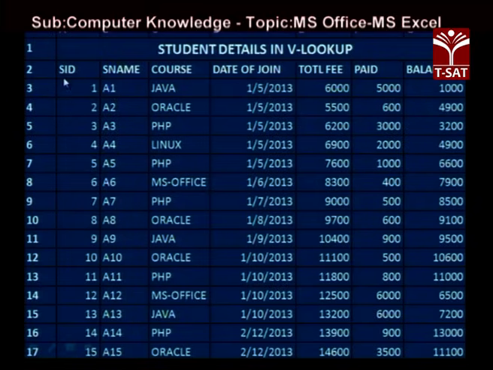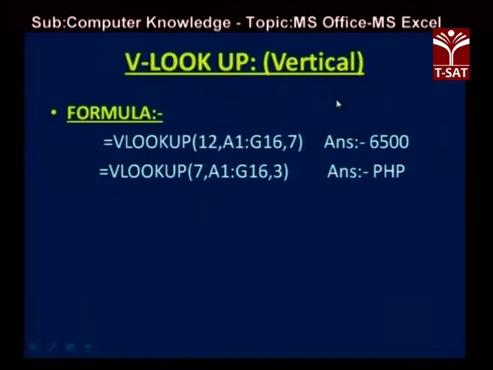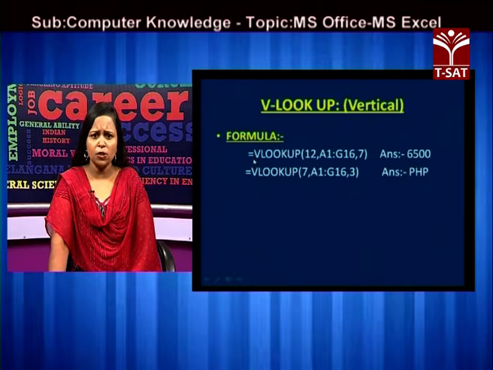In this table: student ID, student name, course, date of joining, total fee, fees paid and balance. This is the table of student details. So, how to find out and how to write the VLOOKUP? Every shortcut key and formula starts with an equals sign, must and should.